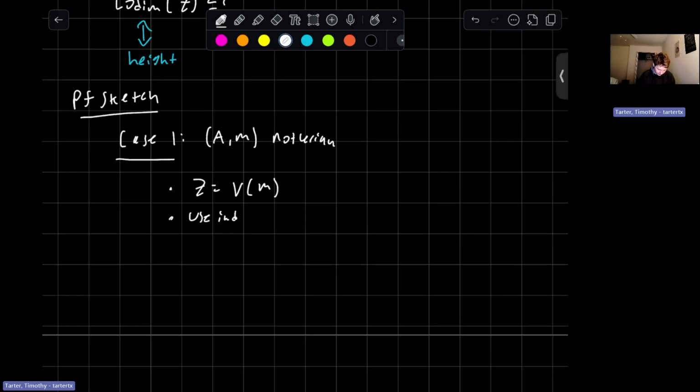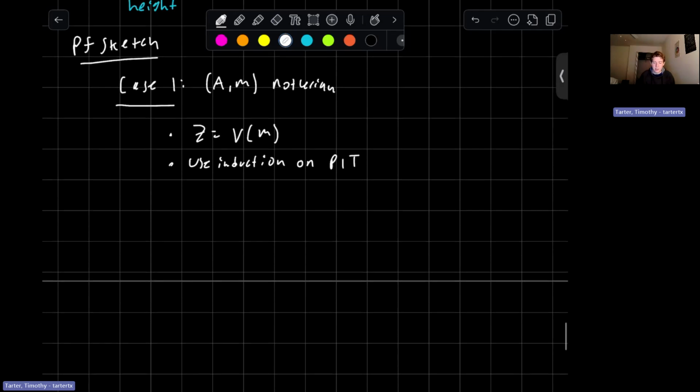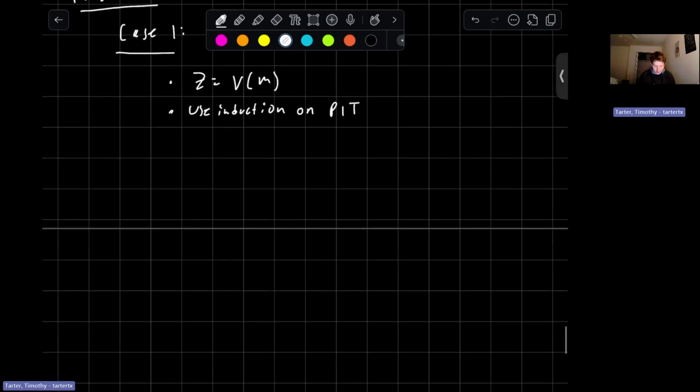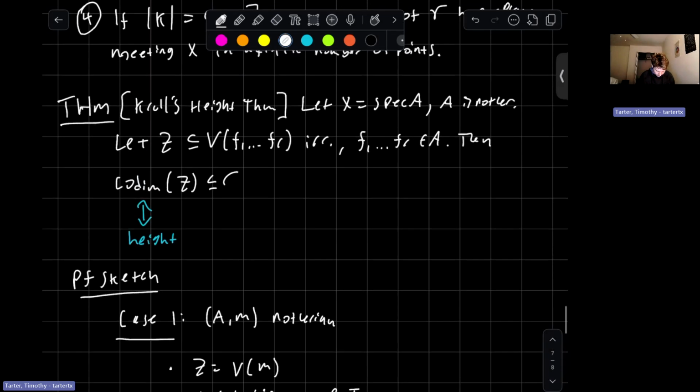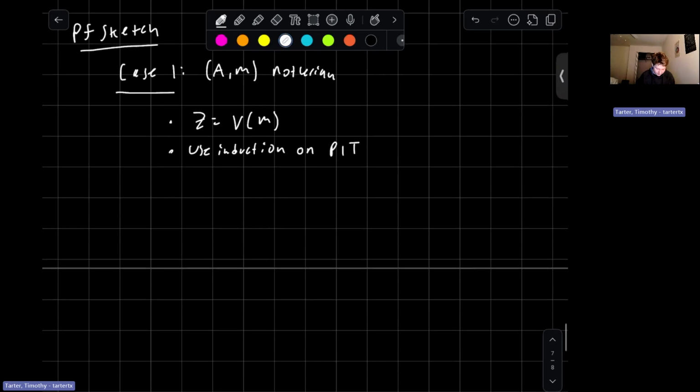We use induction on the principal ideal theorem, and so we take a finite filtration, and then we get codimension less than or equal to R. And actually, this is the only case. That actually isn't too bad.